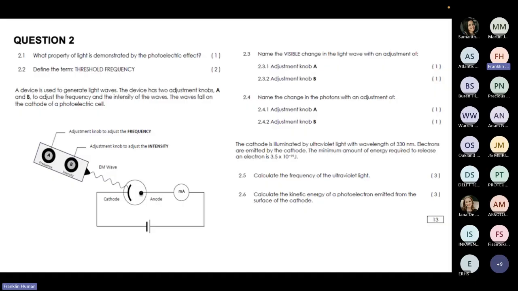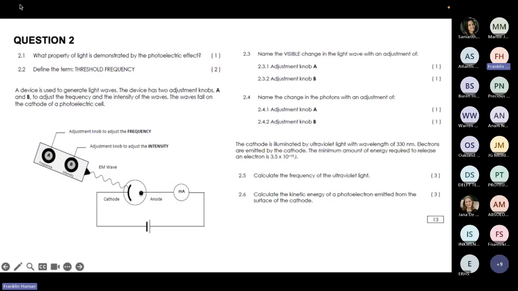If the photon does not have enough energy, you can fire a specific frequency of light, you can fire millions and billions of photons at that electron. If a photon in that light does not have energy equal to the threshold frequency, no electrons will be emitted.